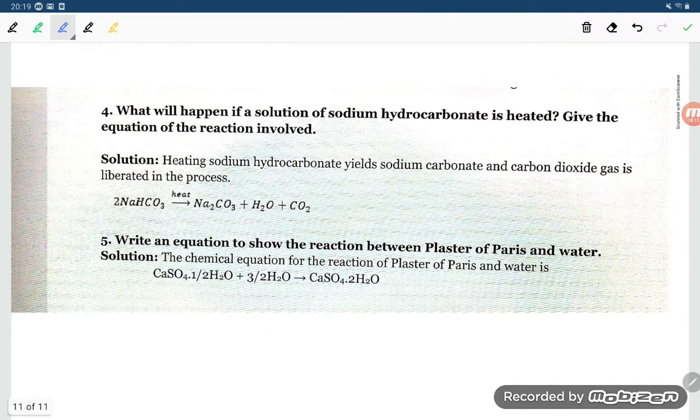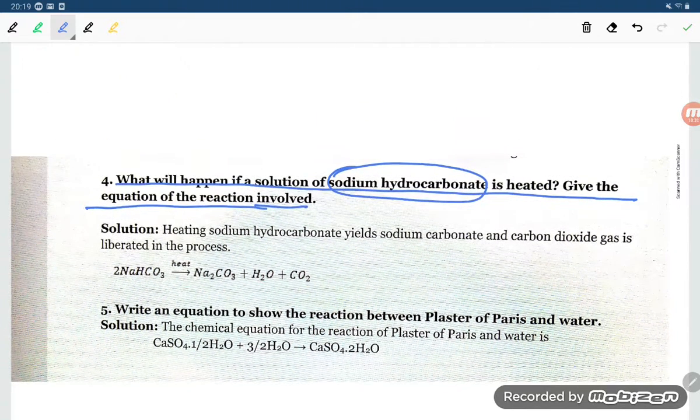Next point, what will happen if the solution of sodium hydrogen carbonate is heated? Give the equation of the reaction involved. So it is NaHCO3.